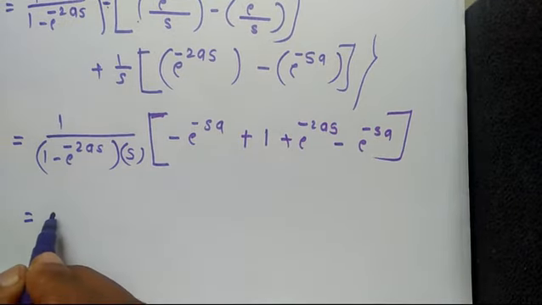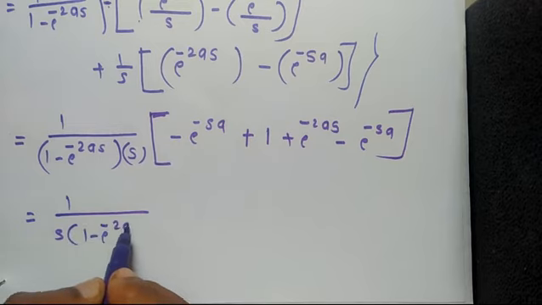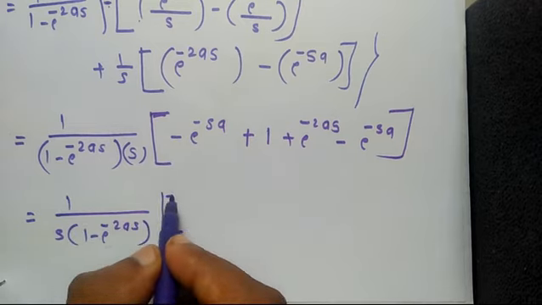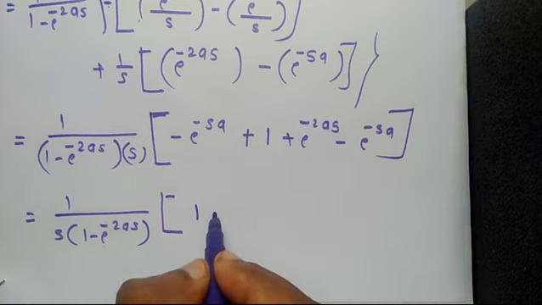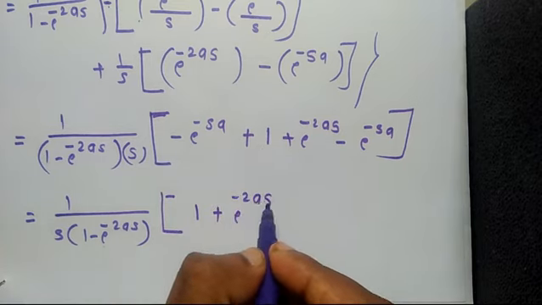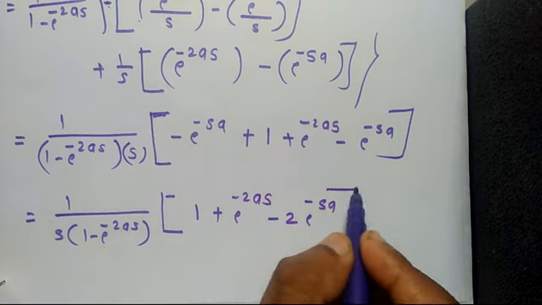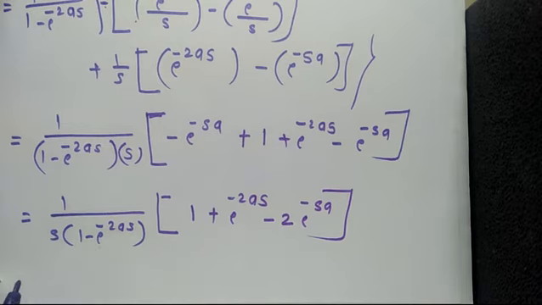Hence 1 upon s times 1 minus 2as. So this is a 1 plus e to the power minus 2s minus 2 times e to the power minus sa. And what is this?